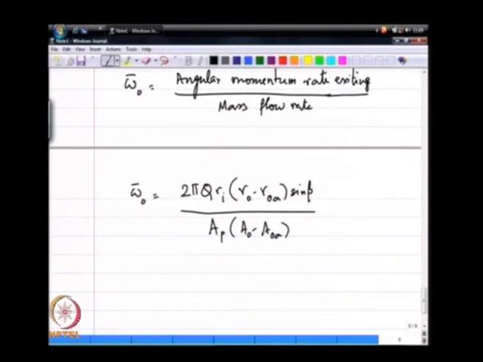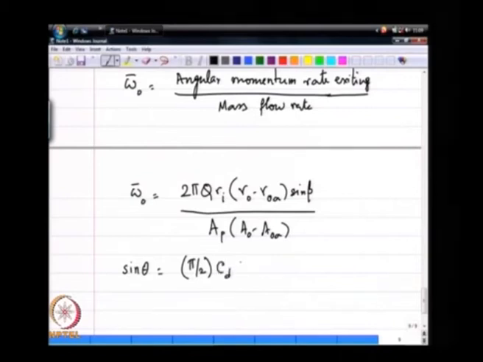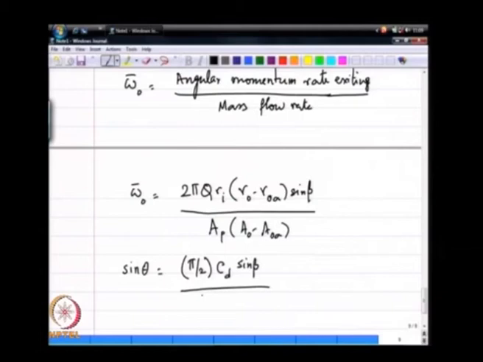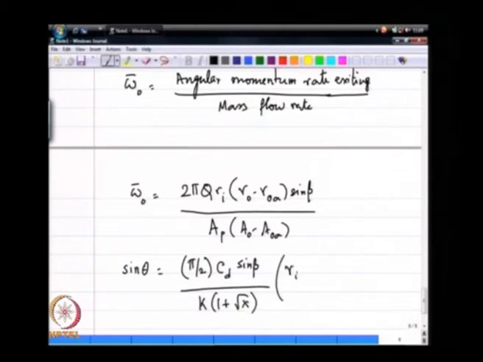So, if I invoke the definition of sin theta that we put up there, we will find that is equal to pi over 2 C d sin beta times R I over R s.